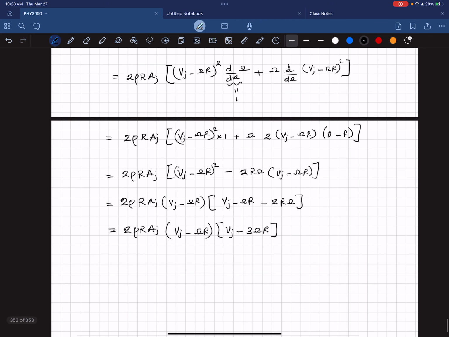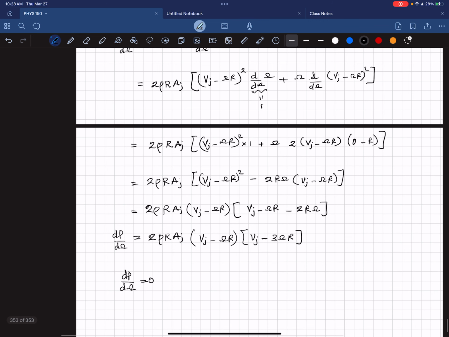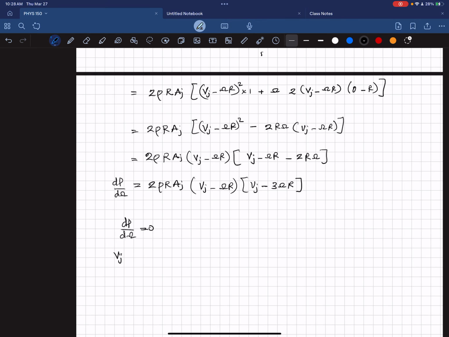Okay, and now when you set dP over d omega to 0, you get maximum and minimum values of omega. Vj minus omega r times Vj minus 3 omega r equal to 0. So from that we get omega is equal to Vj over r, or omega is equal to Vj over 3r, right?